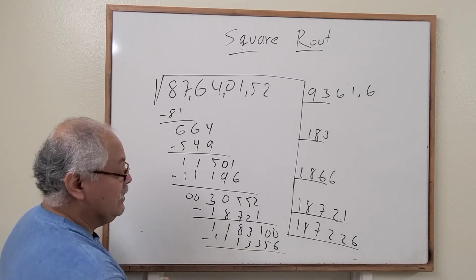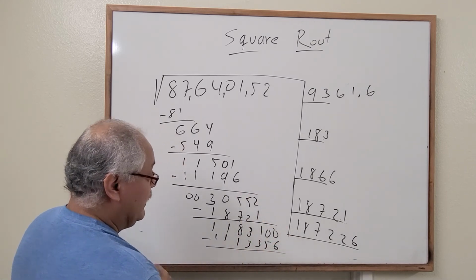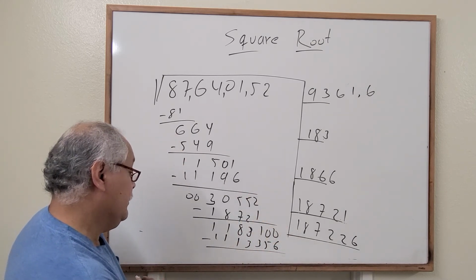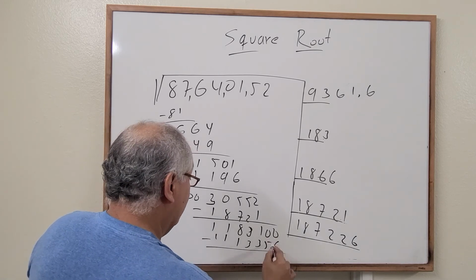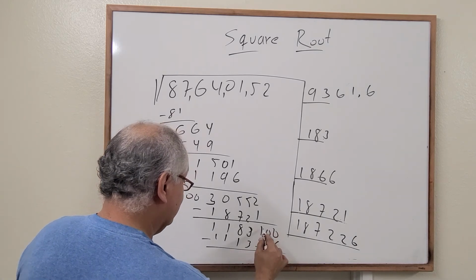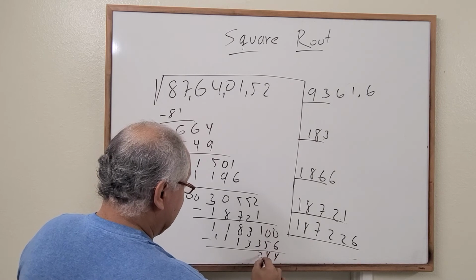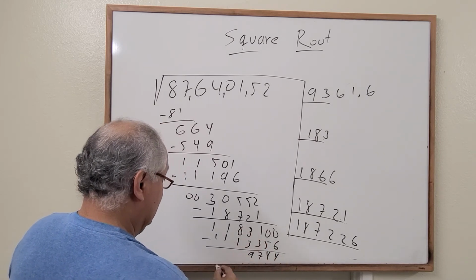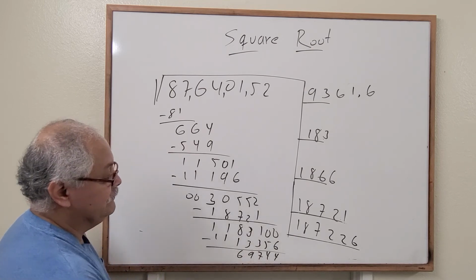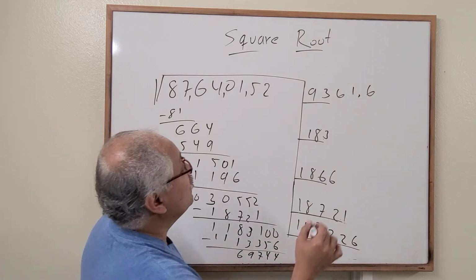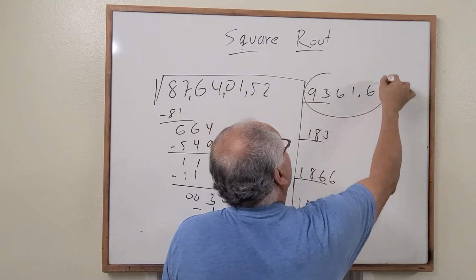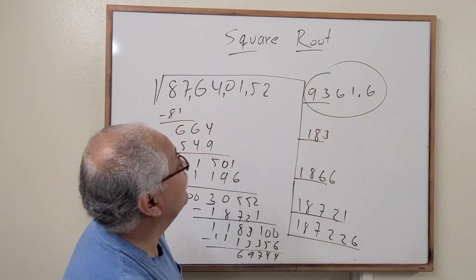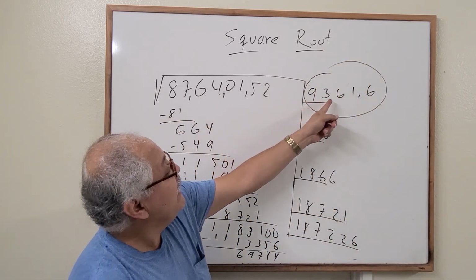Okay, and then we just do the subtraction. It's going to be what? 4. It's going to be 4. It's going to be 7. It's going to be 9. It's going to be 6.